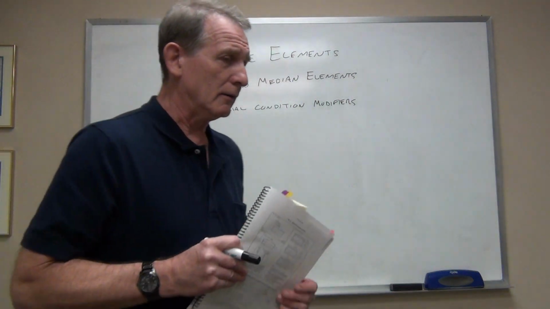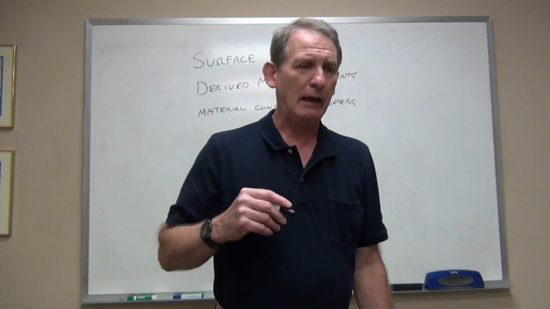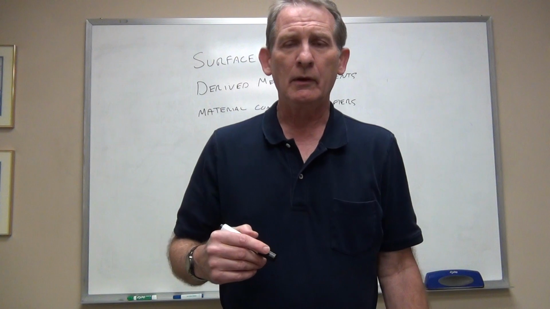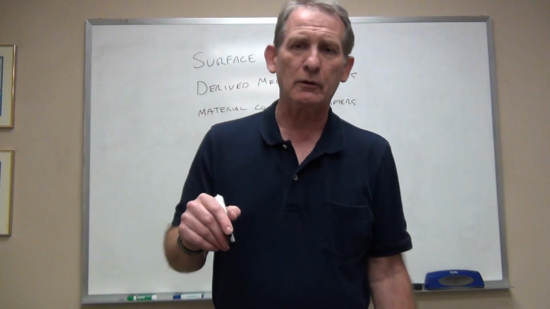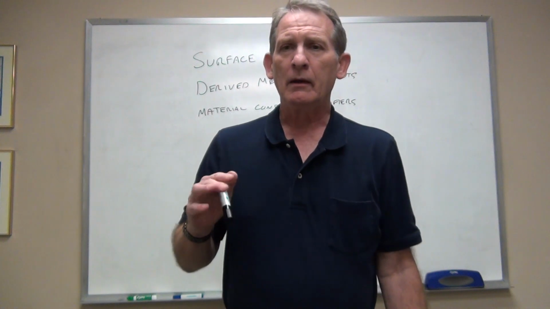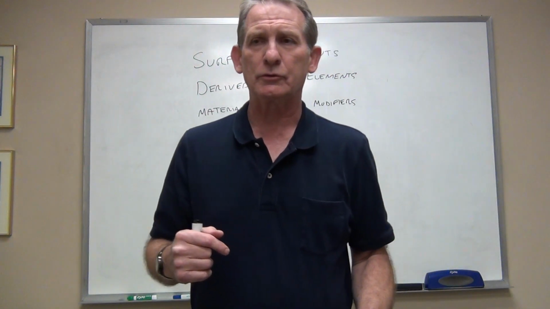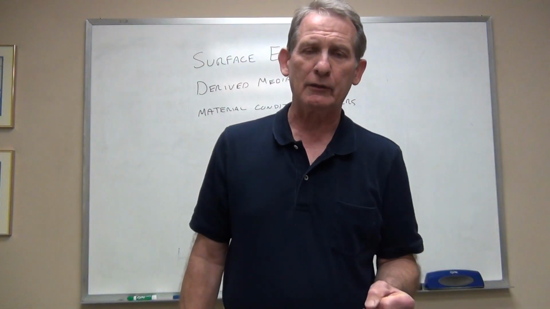The other very, very important concept that we came across was the idea of a material condition modifier, either an M in a circle or an L in a circle, that actually changes the size of the tolerance zone in a predictable fashion based on how much material is in that feature.